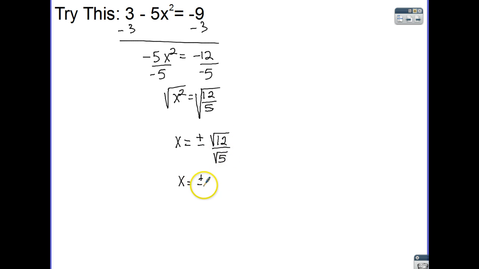I'd rather simplify before I multiply by something, so I'm dealing with smaller numbers that I can recognize what goes into them. The square root of 12 is equal to the square root of 4 times the square root of 3, and the square root of 4 is 2, so the numerator becomes 2 square root of 3. Over the square root of 5, and then I'll rationalize the denominator by multiplying by the square root of 5 over the square root of 5.